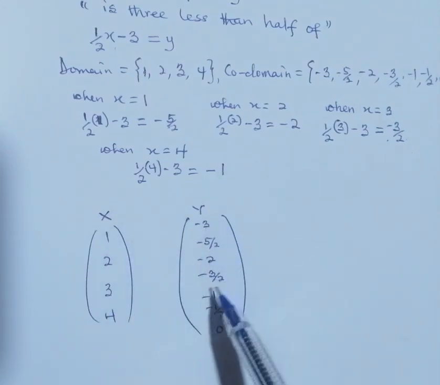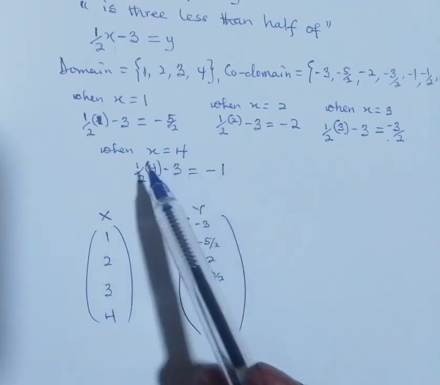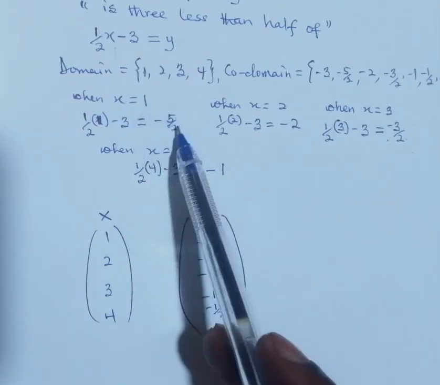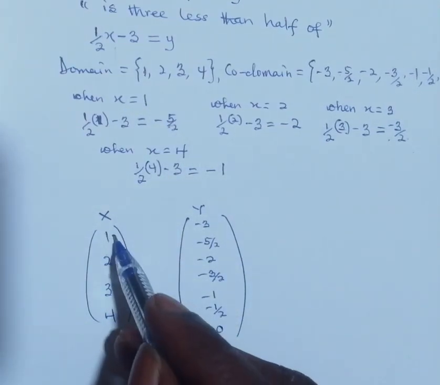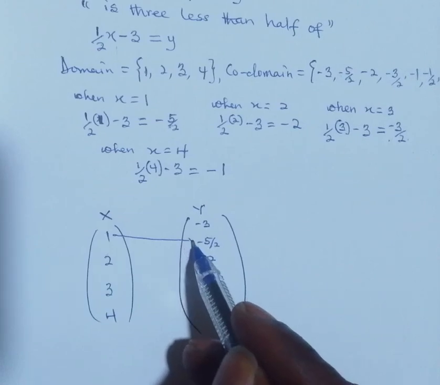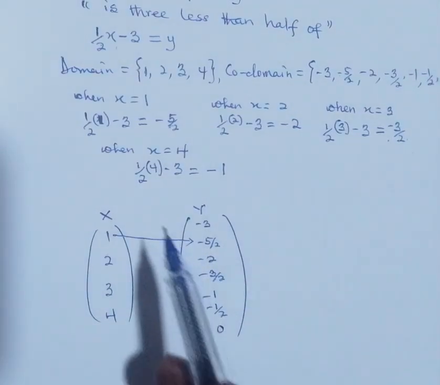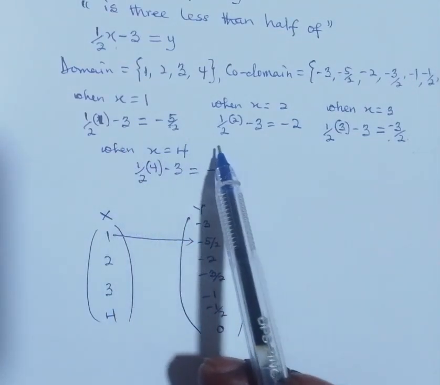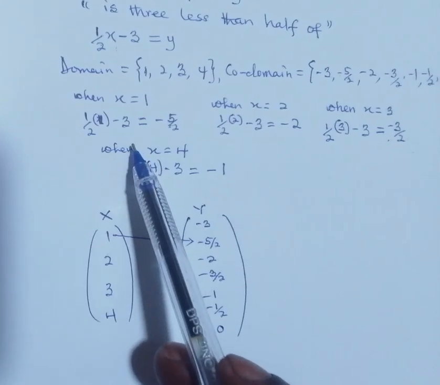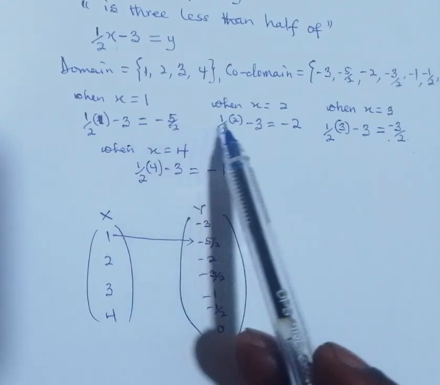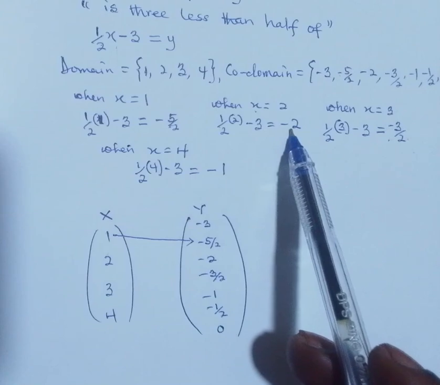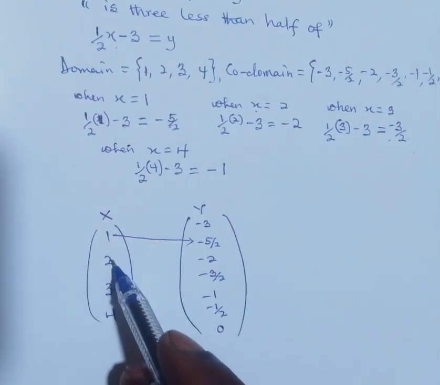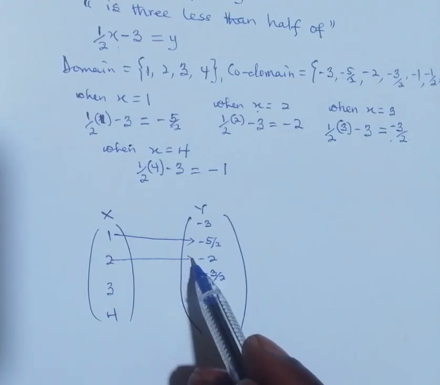Let me match each codomain with the domain. So when we substituted 1, we got -5/2. So we know that this 1 belongs to this. When we substituted 2, we got -2, so our 2 belongs to this -2.